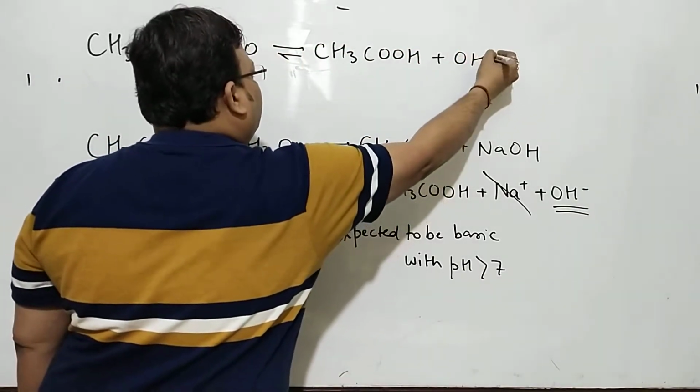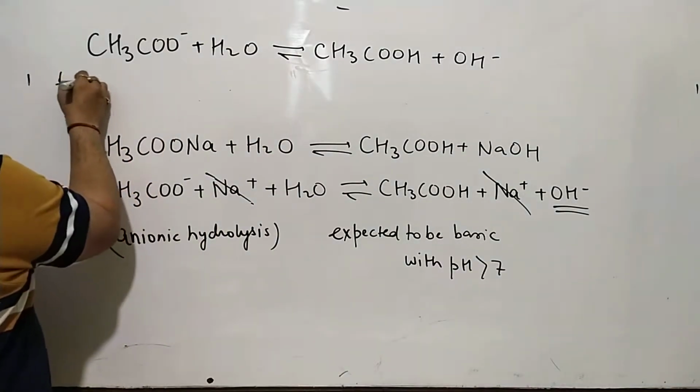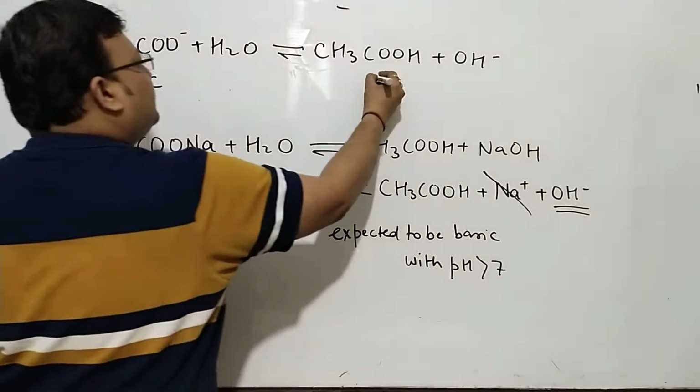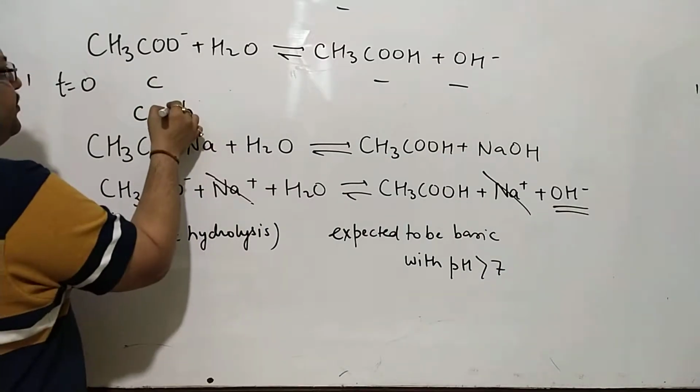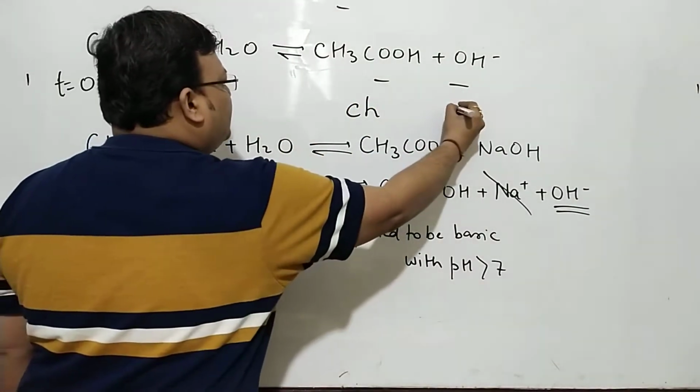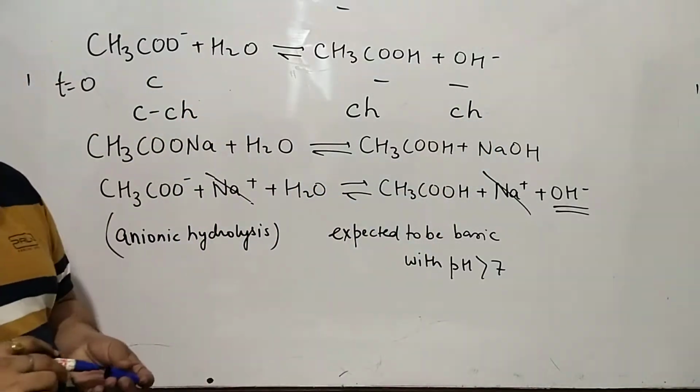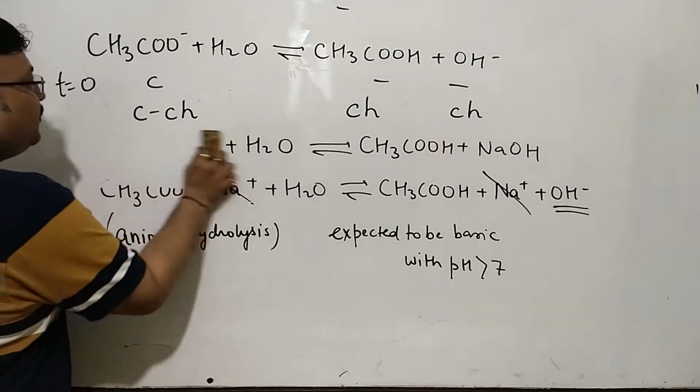Yet again, at time t is equal to 0, it could be C molar to begin with. And this will be C minus Ch. If this goes by Ch, this will be formed Ch. This will be formed Ch. Remember, small h is degree of hydrolysis.